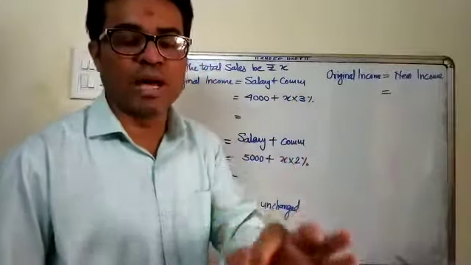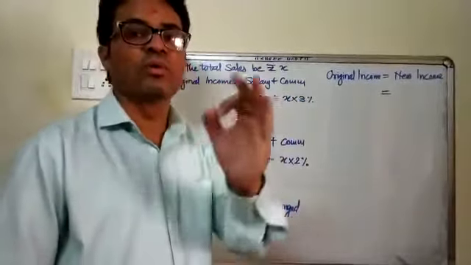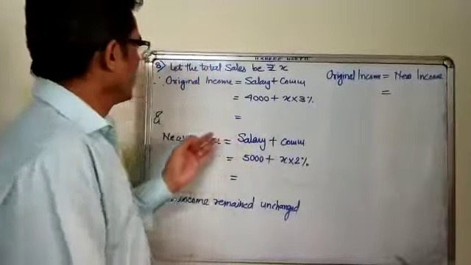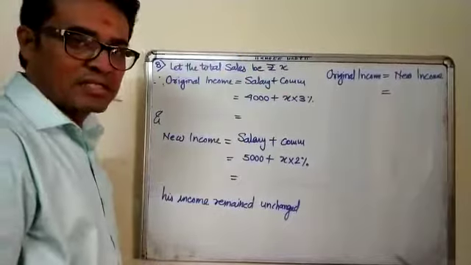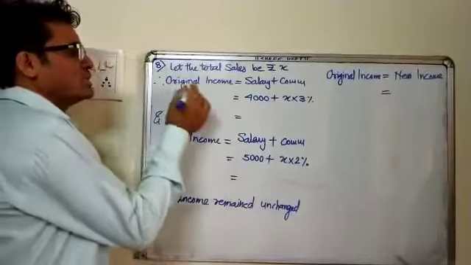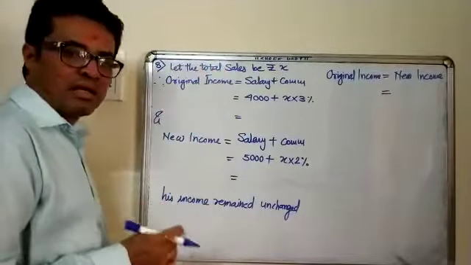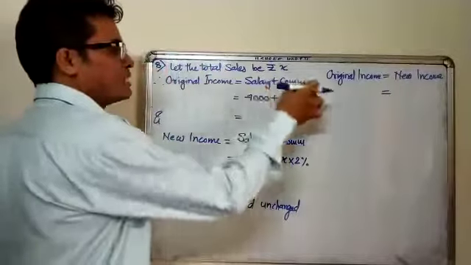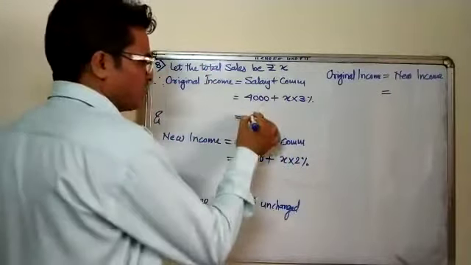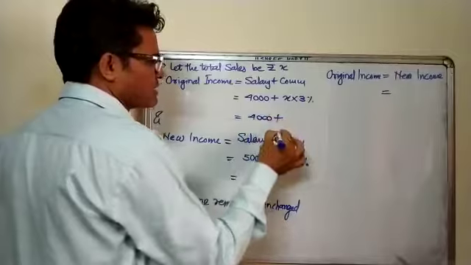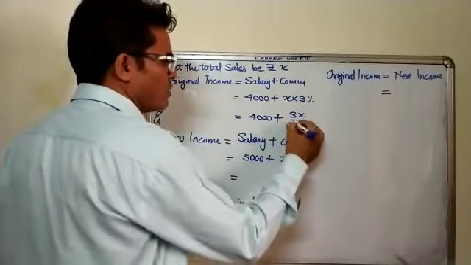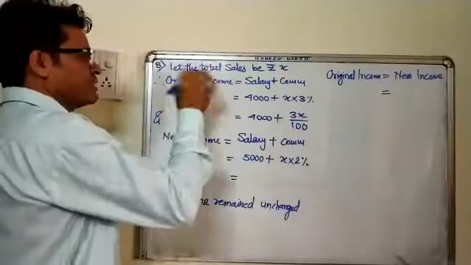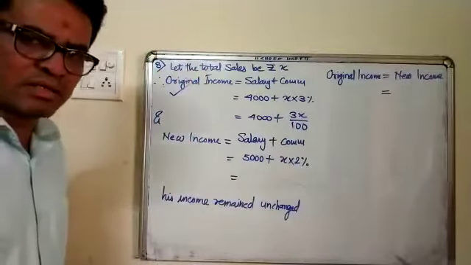So as per the requirement of the question, we want total sales. So let the total sales be rupees X, and he is getting original beginning में कितना income था? He is getting salary plus commission. Salary 4,000 plus commission 3% on sales comes to 3x upon 100 is the original beginning wala income.